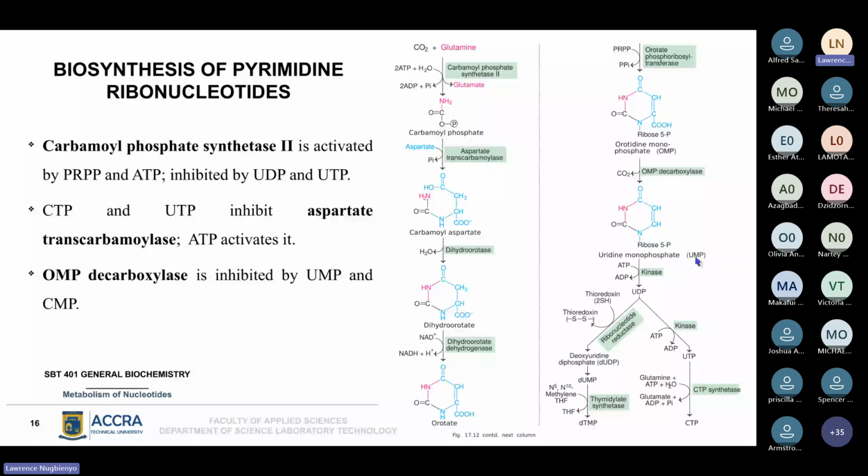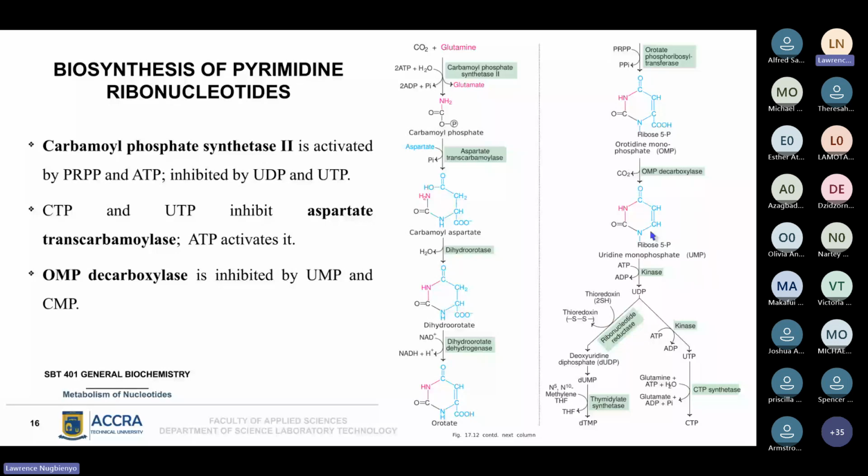The first product that is formed when you have that OMP decarboxylase forming is uridine monophosphate, what you can refer to as the parent molecule, the uridine monophosphate. That together with CMP, which is cytidine monophosphate, acting as inhibitors to OMP decarboxylase. So you have these different ways of regulation of the process of the biosynthesis of pyrimidine ribonucleotides.